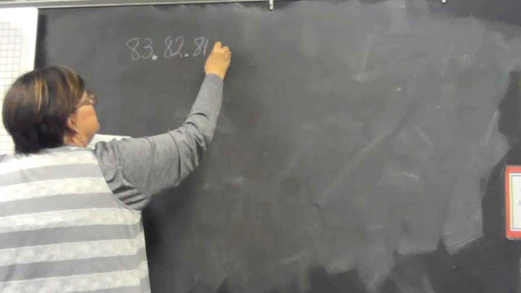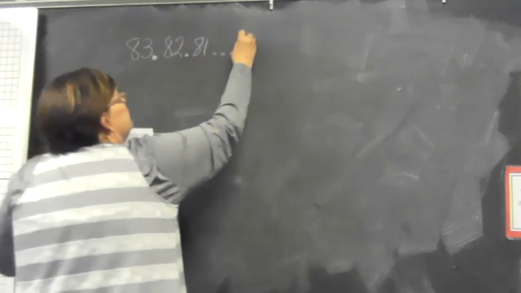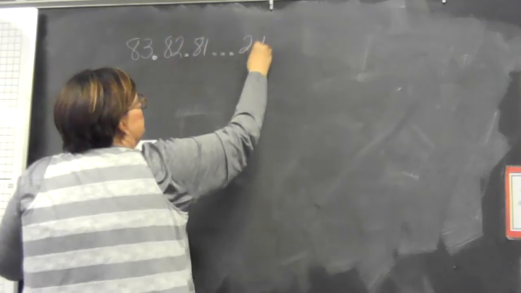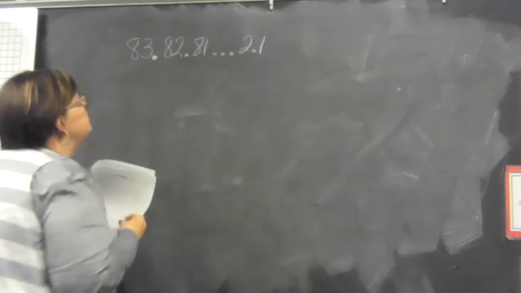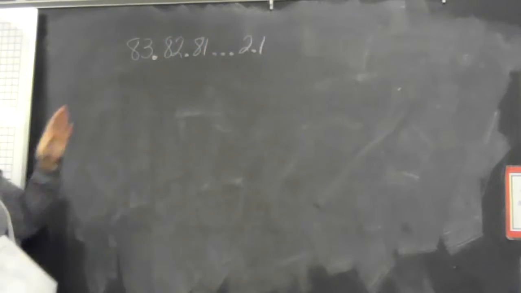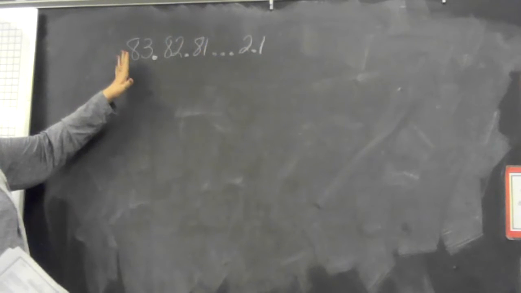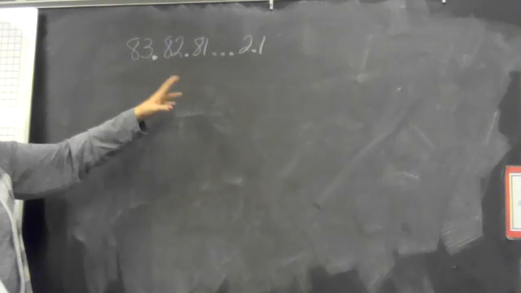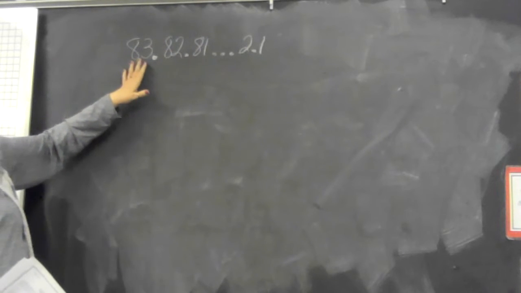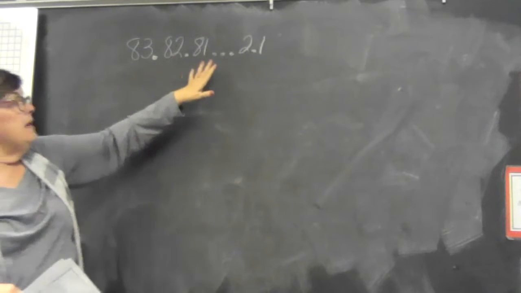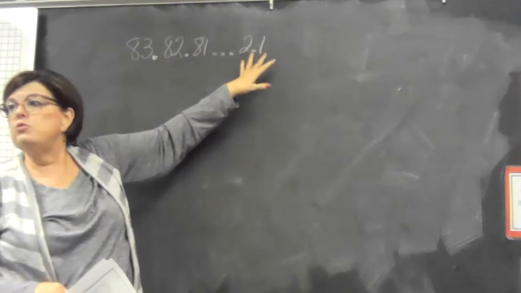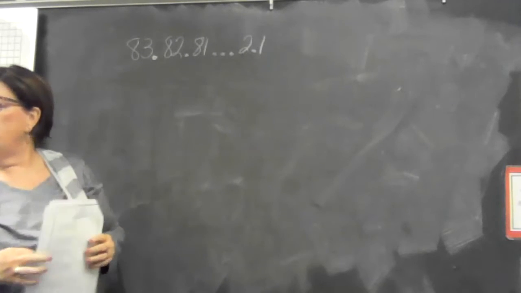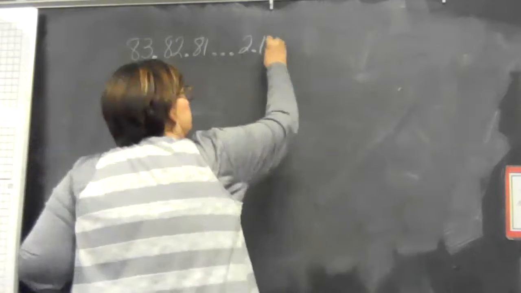Then it has dot, dot, dot, and then this and this, which looks like 2.1. But what they want is for you to write this series in factorial form. If I start with 83 and multiply all the way down to 2 times 1, how would you write that in factorial form?